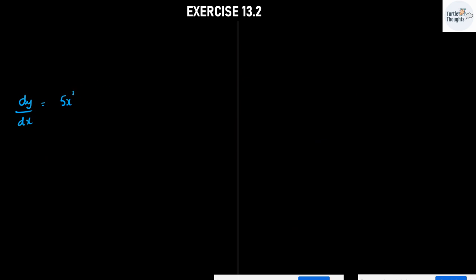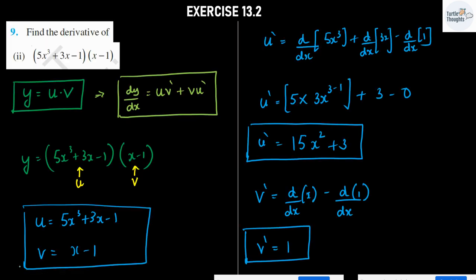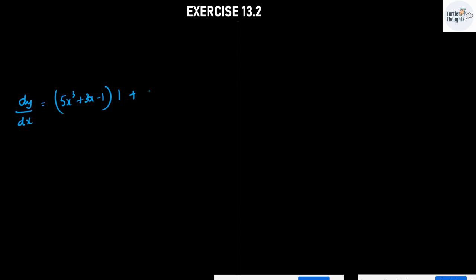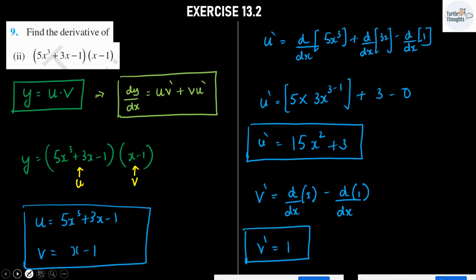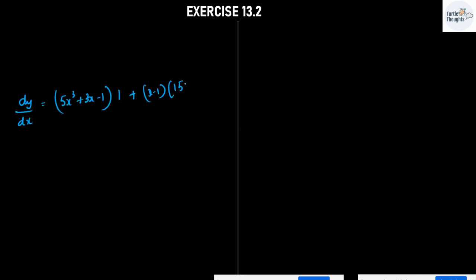U is going to be 5x cube plus 3x minus 1 multiplied by v dash. V dash is going to be equal to 1 plus v multiplied by u dash. V is going to be x minus 1 multiplied by u dash, which is going to be 15x square plus 3. When I solve the same, I will be getting the answer.